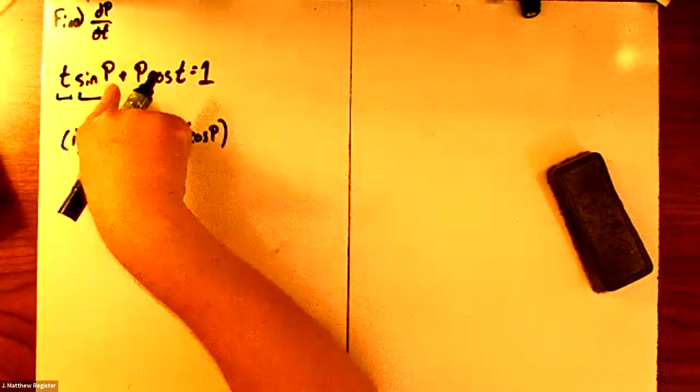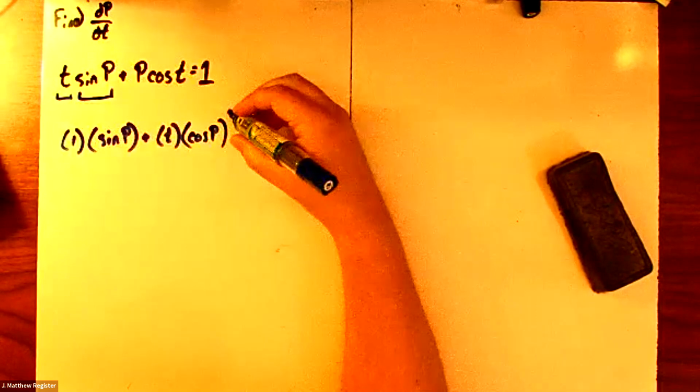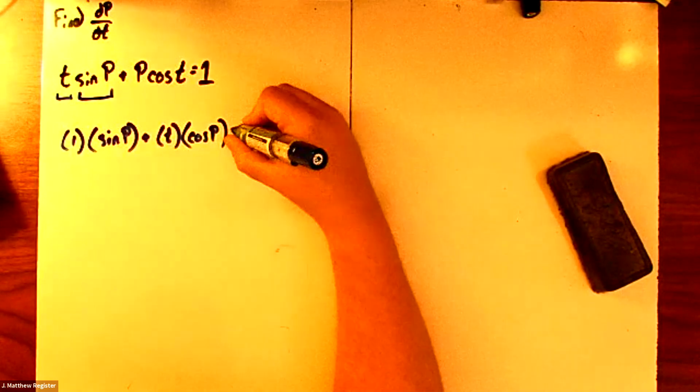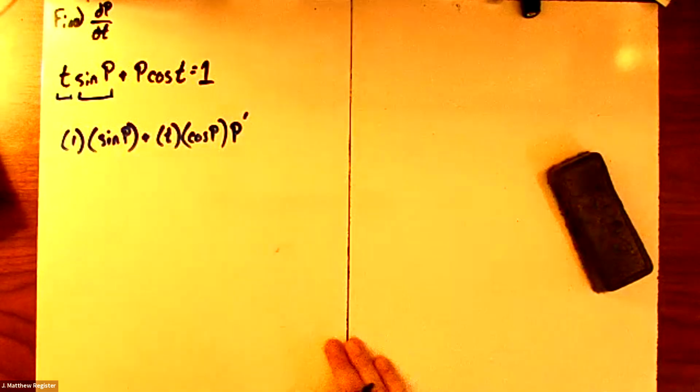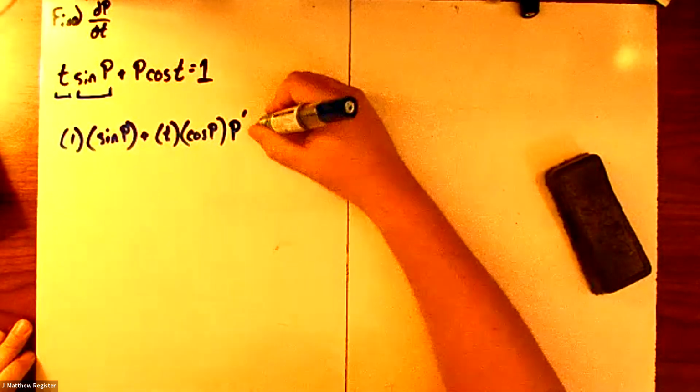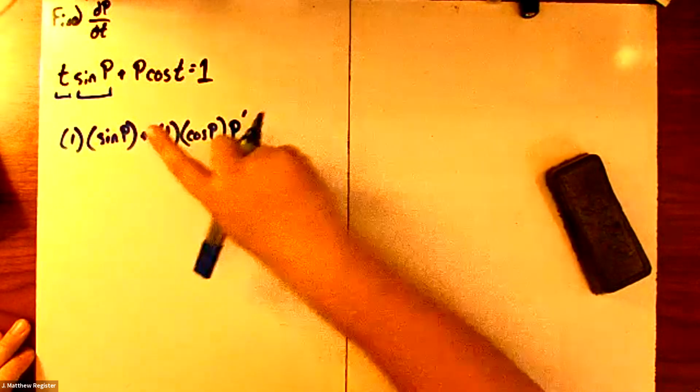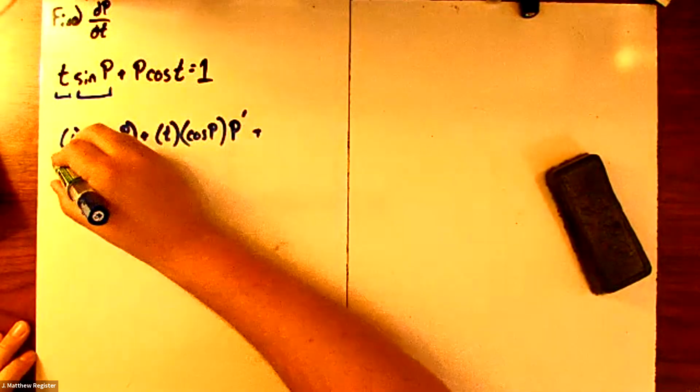But because we're taking the derivative with respect to t, we would also get a dp/dt that comes out. I'm just going to mark it as p prime to save room. Plus. And so that was the first two terms.